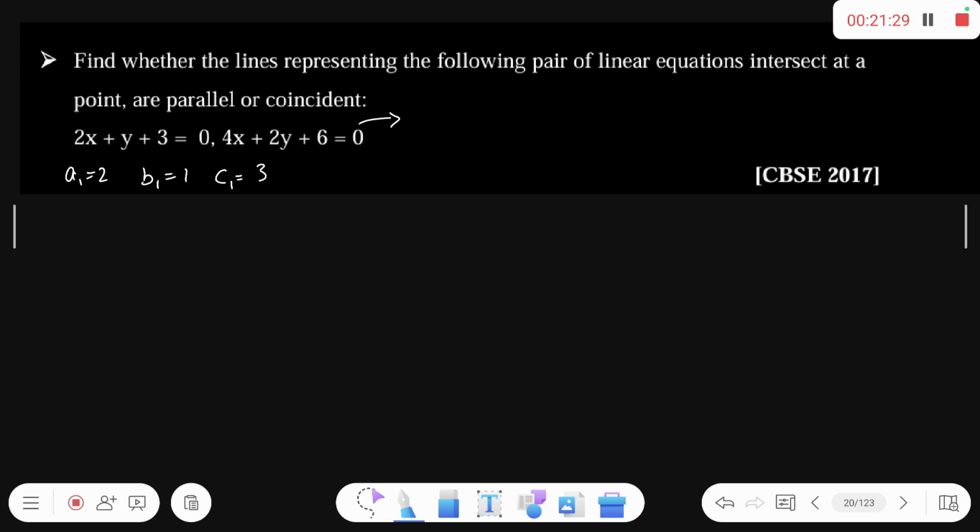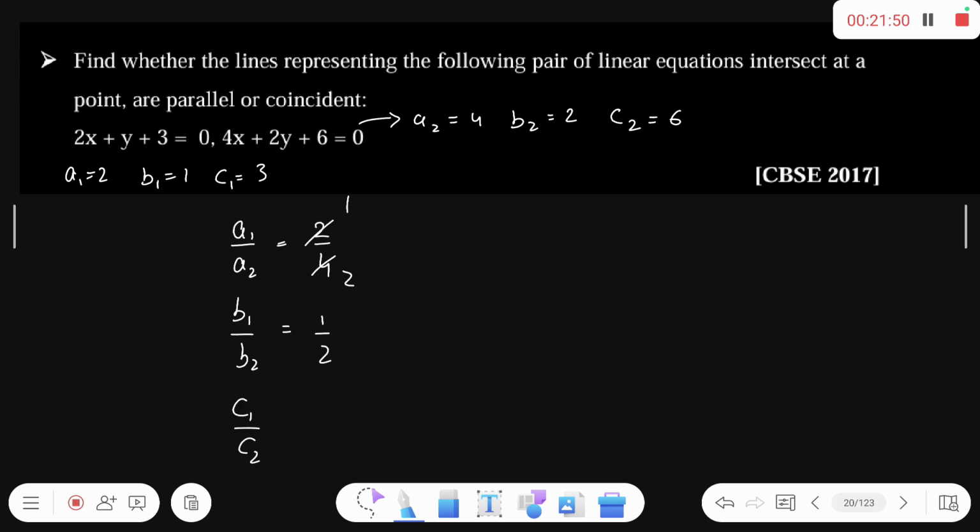For this equation, a2 is equal to 4, b2 is equal to 2 and c2 is equal to 6. Now a1 upon a2 is equal to 2 by 4, b1 upon b2 is 1 by 2 and c1 upon c2 is 3 by 6. All are equal, hence the lines are coincident and have infinite solutions.